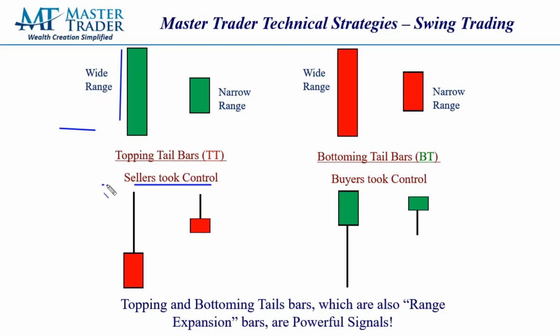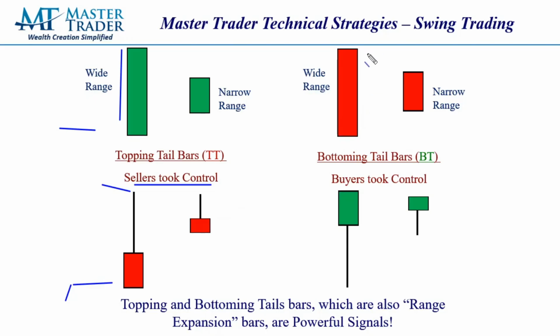If this is in a downtrend, that would be a whole lot more meaningful than if this topping tail candle formed after initially coming out of a base. We'd still recognize it as sellers taking control, but it wouldn't be as meaningful as if it was in a downtrend that was up at an area of resistance. It's all common sense. Small candle body, small tail, put it in the context of trend, support, and resistance.